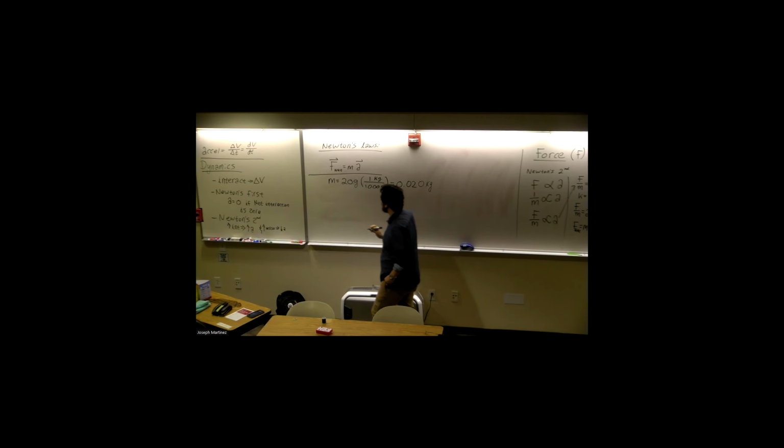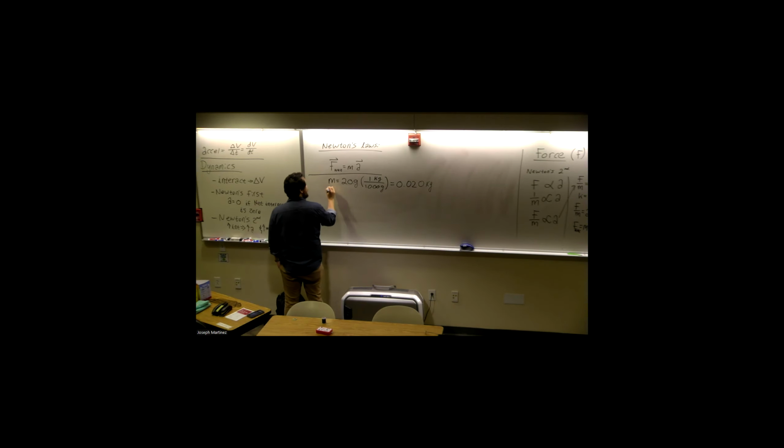So we have our mass. What else do we know about a free-falling object? Acceleration. What do we know about its acceleration? Absolutely. Our acceleration is very well known for any free-falling object. Our acceleration for any free-falling object is 9.8 meters per second squared.